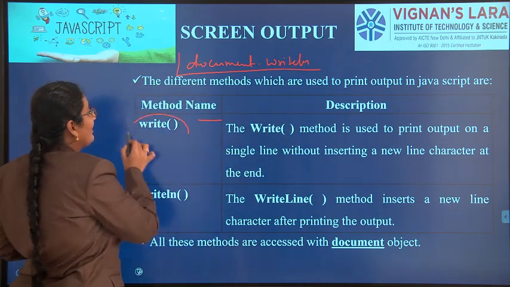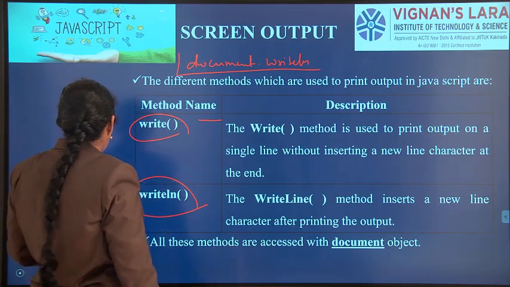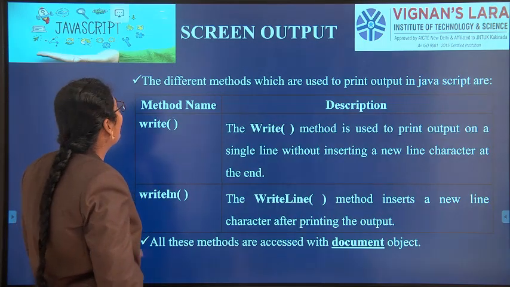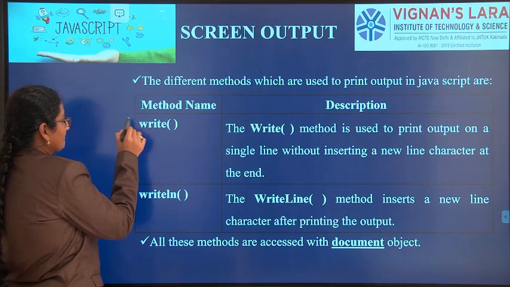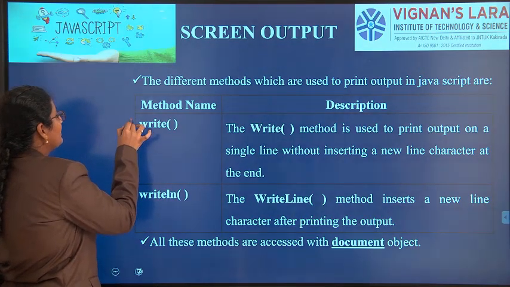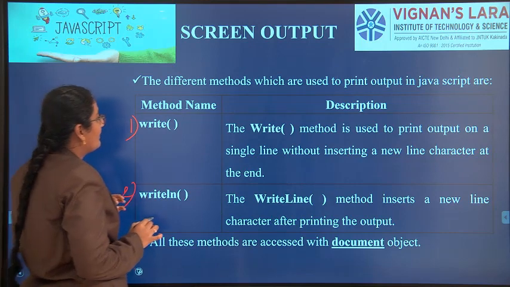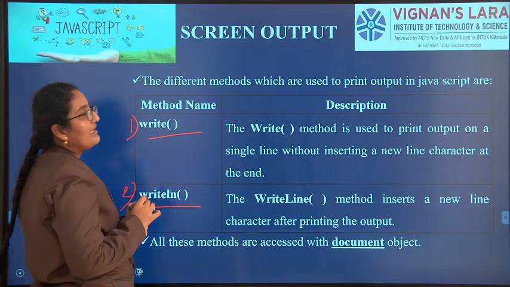So the write method will not insert any second line for output. With the writeln method you can have second line output also. So to give output we have two methods in JavaScript, writeln and write.